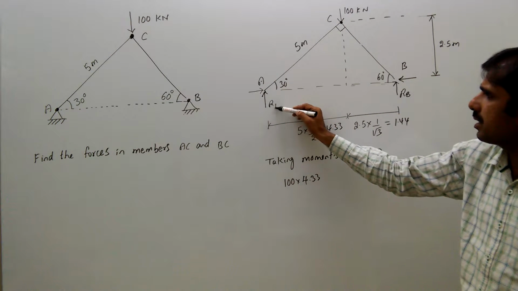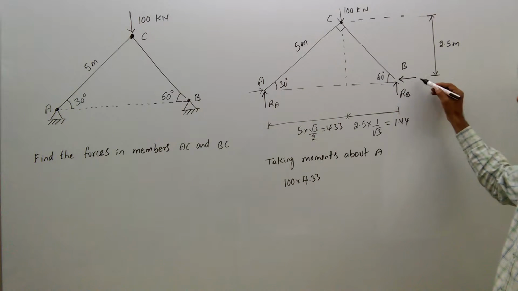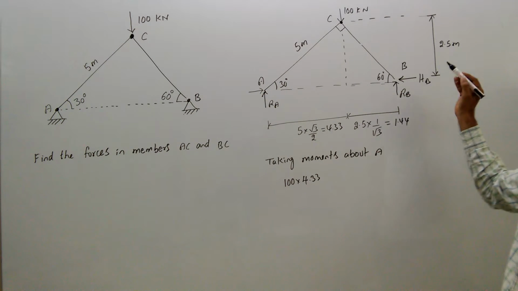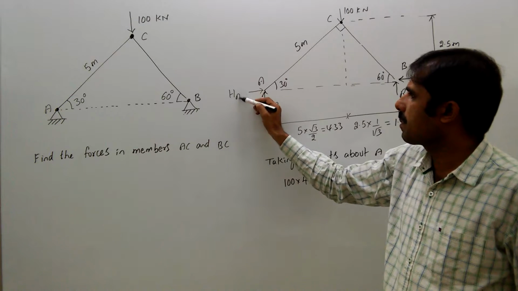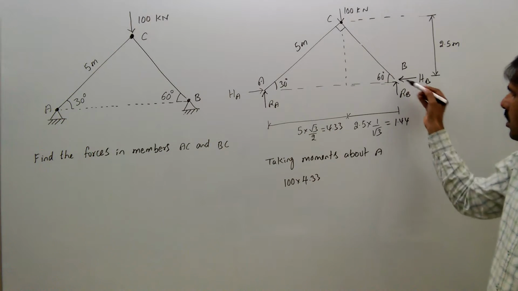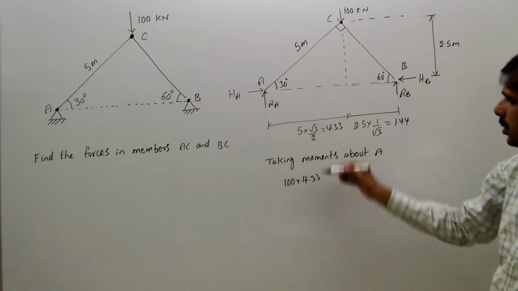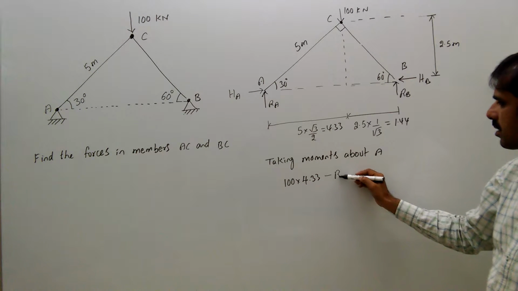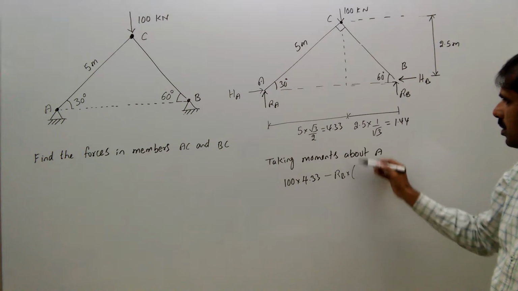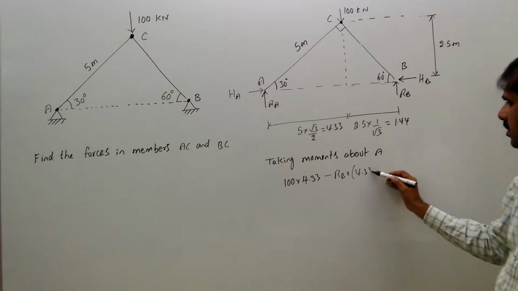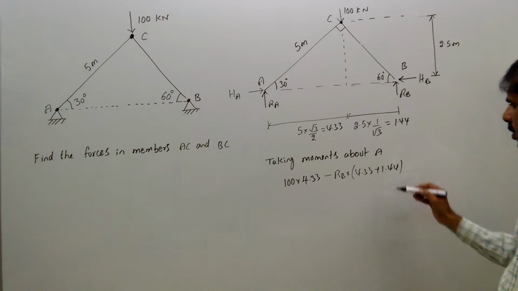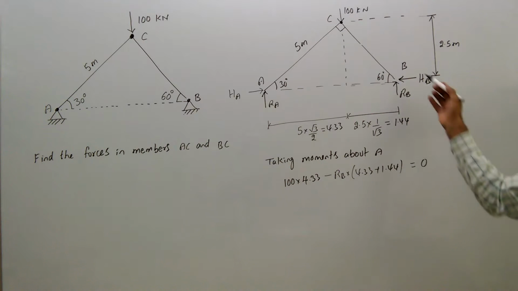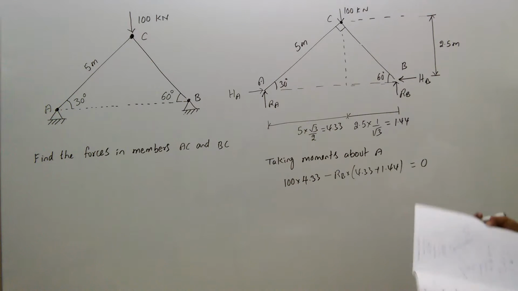This is RA actually. This is HB. This is HA. So 100 into 4.33 clockwise, anti-clockwise minus RB into 4.33 plus 1.44 equal to 0. Sum of the moments must be 0 about point A.